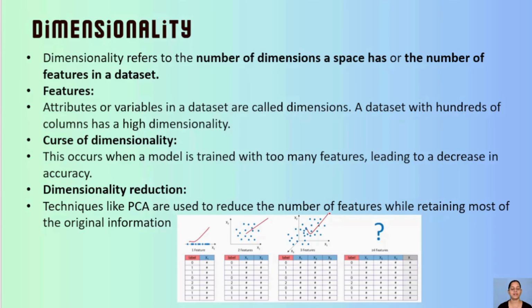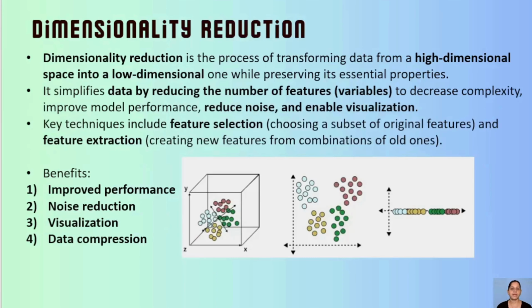We cannot see that. So that is how I have explained both dimensionality and dimensionality reduction from that example. And even in this example, we have 4 different classes here, right?